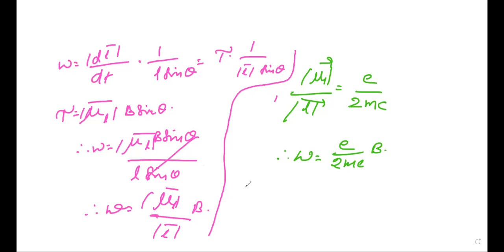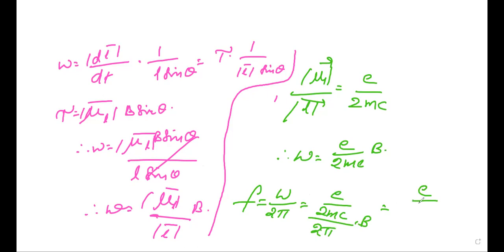The Larmor frequency f is equal to omega by 2 pi. Generally frequency is equal to omega by 2 pi. So omega means e by 2mc into B, divided by 2 pi, that is equal to e by 4 pi mc into B, the Larmor frequency.